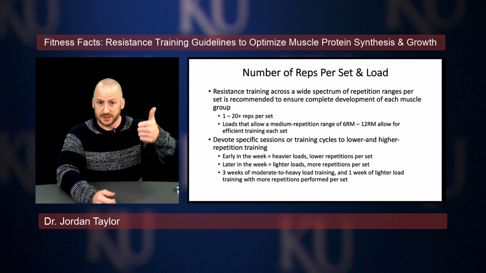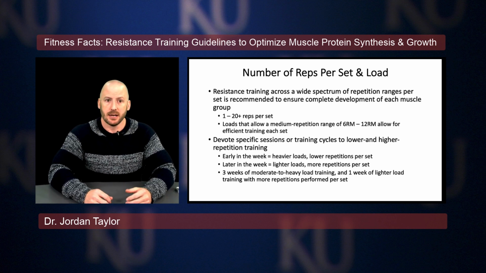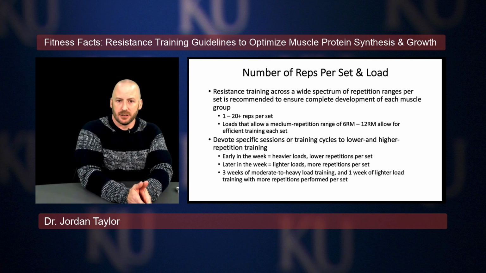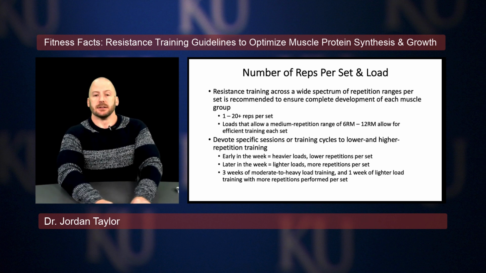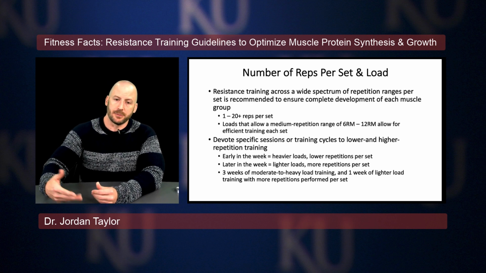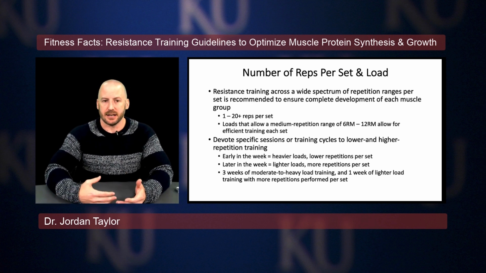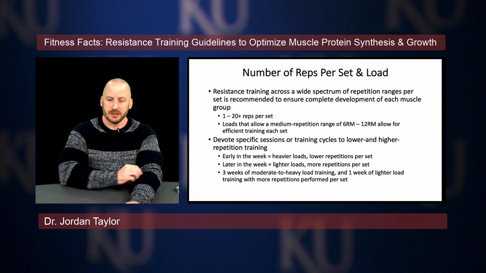Because as you increase the load, the number of reps you're going to be able to complete is going to drop. So maybe earlier in the week, you use heavier loads each set and lower reps. And then later in the week, you use lighter loads and you do more repetitions per set. So this variation just kind of helps with recovery, preventing overtraining, preventing stagnation in your program.